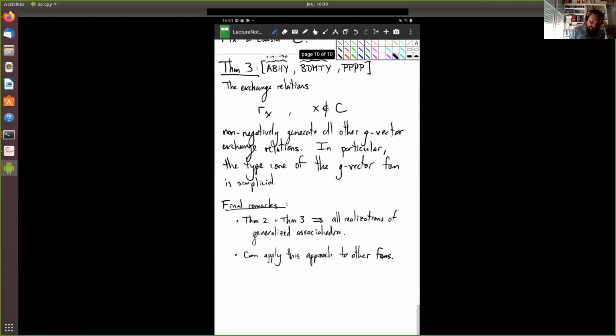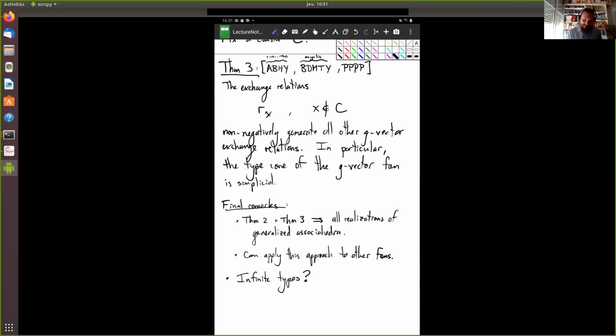And then maybe the question that Misha asked before the talk started is what happens in infinite types. In infinite type, it's much harder to even decide what the correct question is.